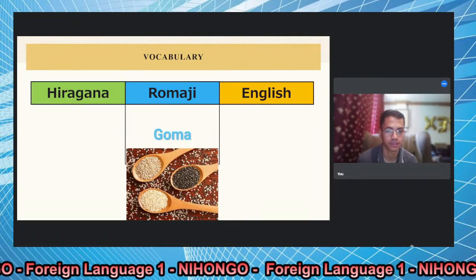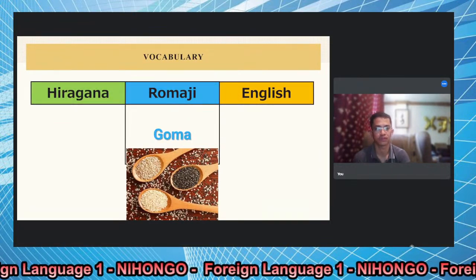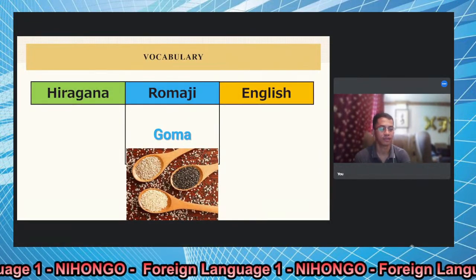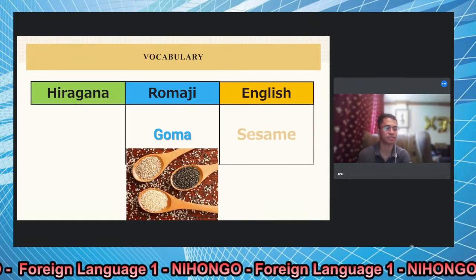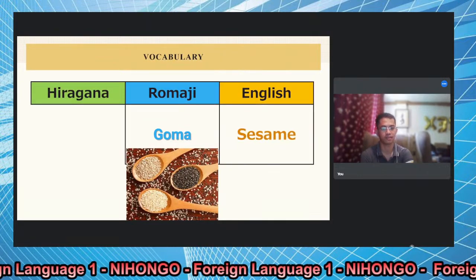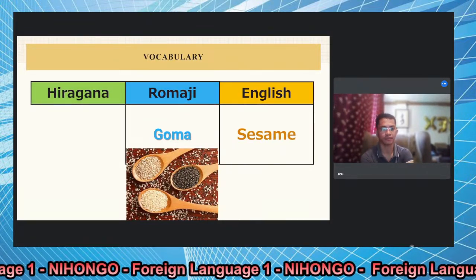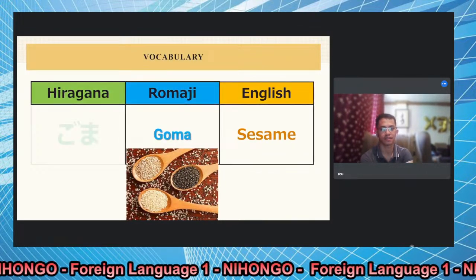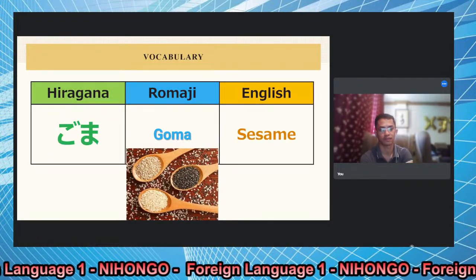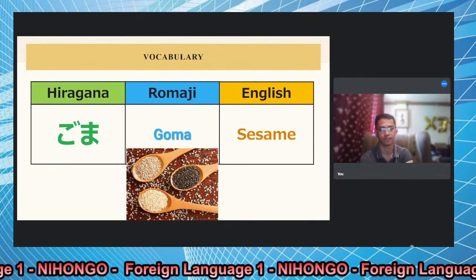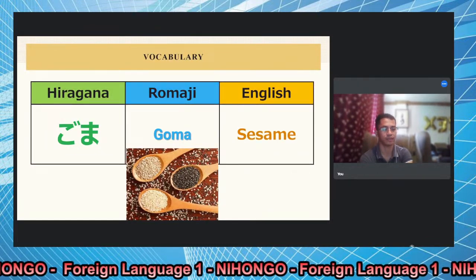This is goma. Goma in English is sesame or sesame seeds. Okay? It is written as go and then ma.